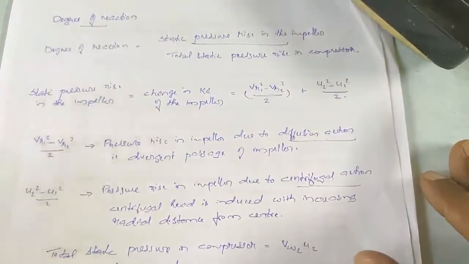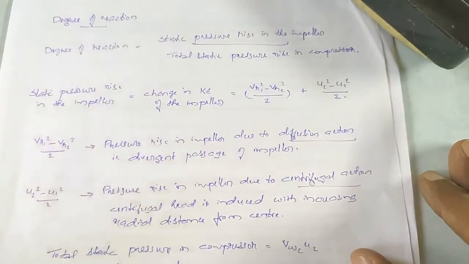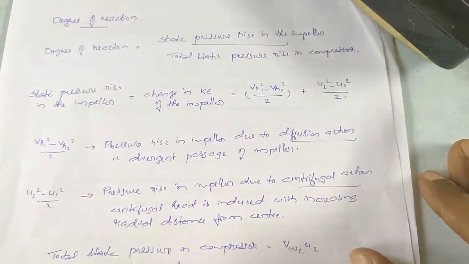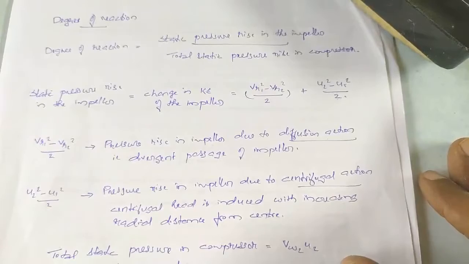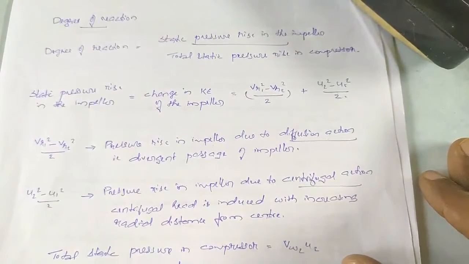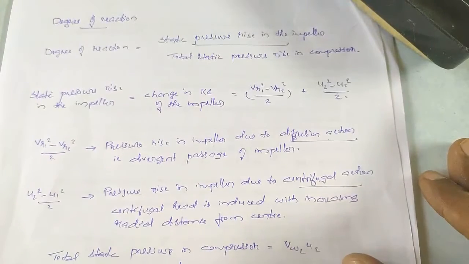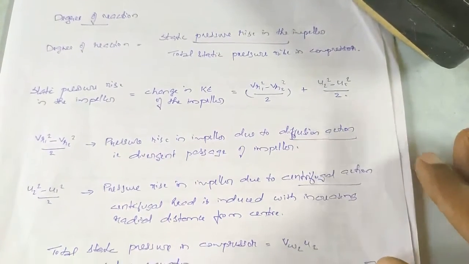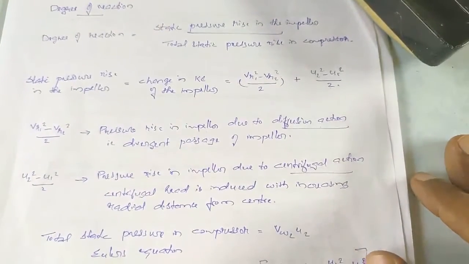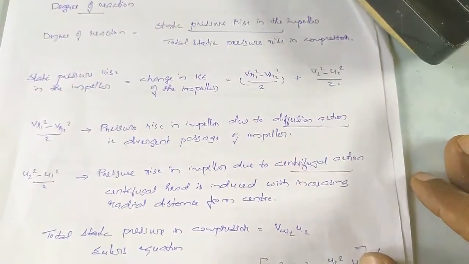As the air passes through the impeller, the passages are divergent, and because of these diverging passages, the diffuser action of the impeller causes the static pressure to rise. That component is (VR1² − VR2²)/2. And what is (U2² − U1²)/2?